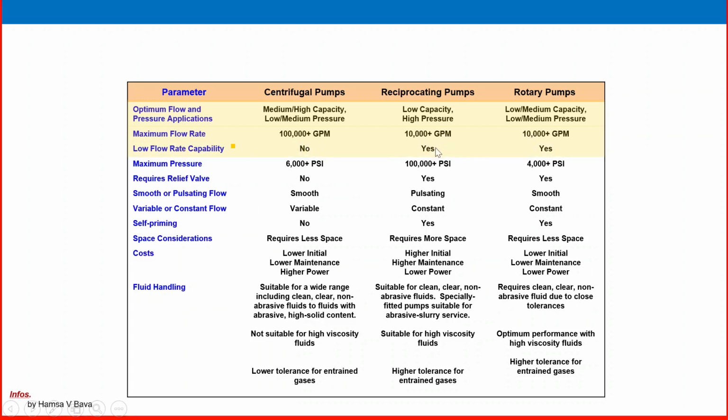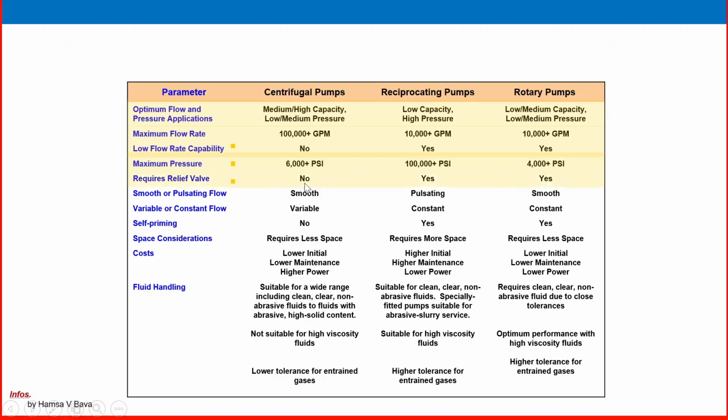Maximum pressure: centrifugal can go up to 6,000 plus psi. Reciprocating pump can work at much higher capacity, around 1 lakh plus psi. Rotary pump is a little bit lesser, 4,000 plus psi.